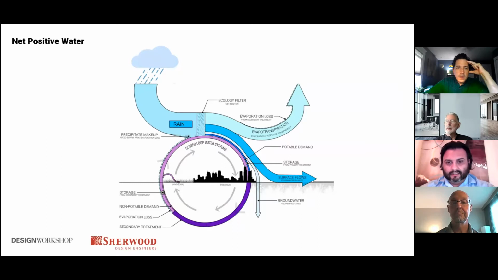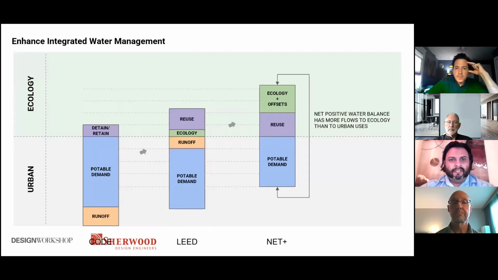In a very traditional approach, as we mentioned earlier, with the gray infrastructure, it would otherwise be a closed system where you're basically grabbing water and sending it to pipes and out it goes, as opposed to exploring opportunities where you can recharge the water table and potentially find those other co-benefits that we were speaking about earlier.